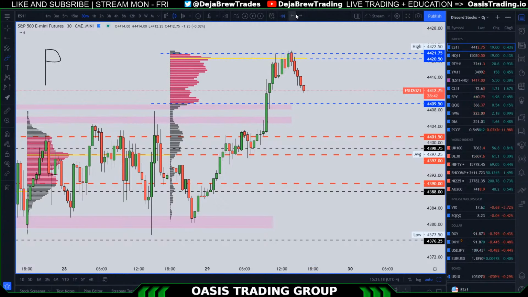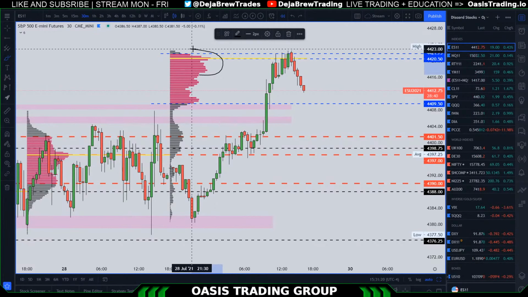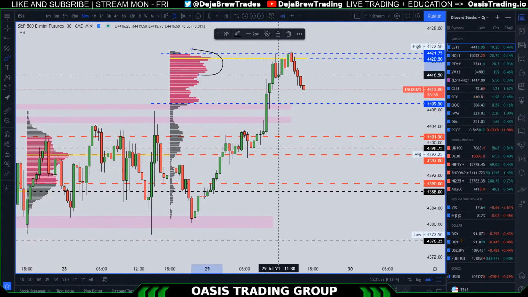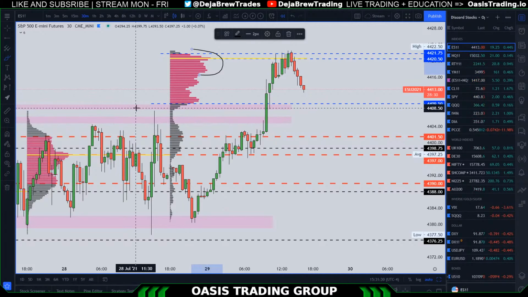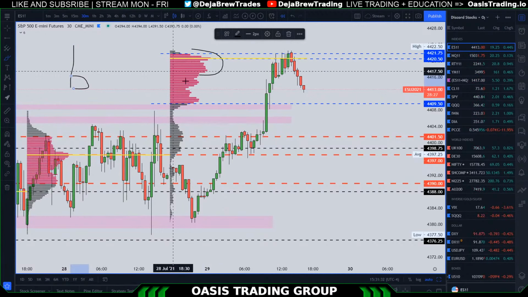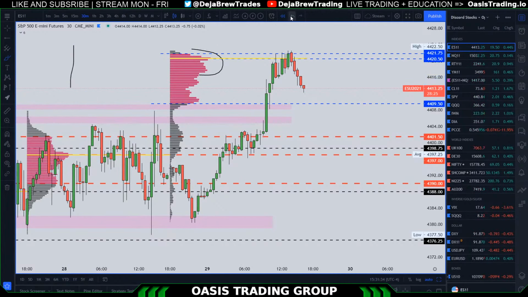If we start to sell off like this, that means that most of the volume is now acting as resistance. Okay, so there is a reversal technique that you can use when P shapes or lowercase b shapes do begin to fail. So if you are a reversal trader, you can look for those types of trades.